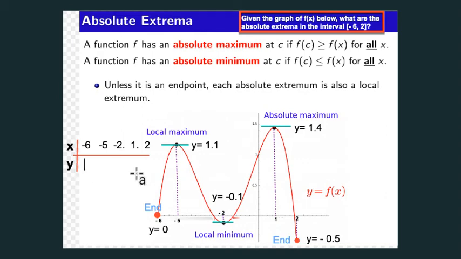The y values for -6, it was 0. For -5, it was 1.1. For -2, it was -0.1. For x equals 1, it was 1.4.